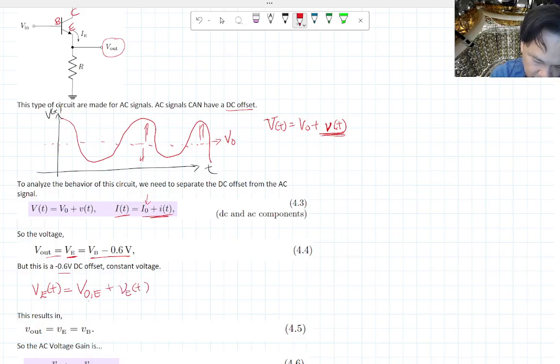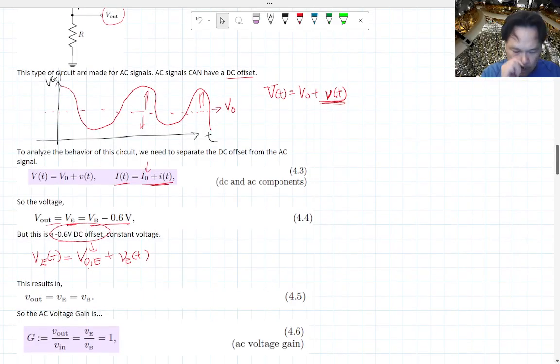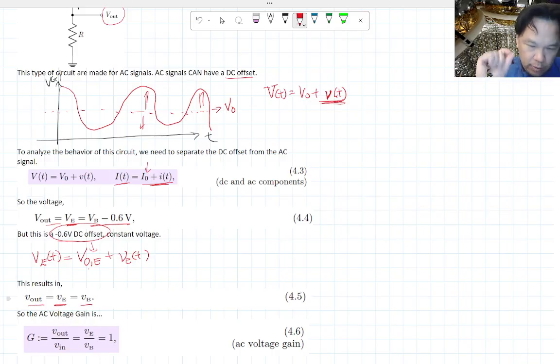And this negative 0.6 volt DC offset is just in that constant. So if we only care about the AC part, V out is actually going to be whatever V in is, plus VB. So this diode drop of 0.6 volt just disappears when you're dealing with just the AC part.